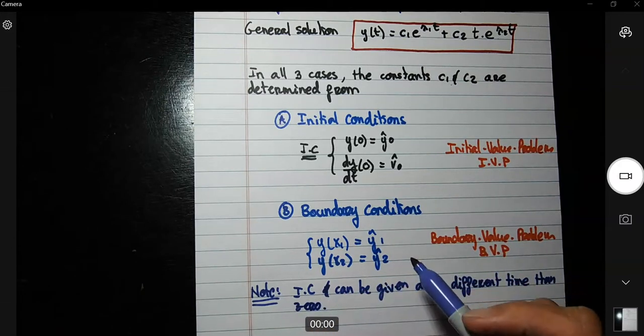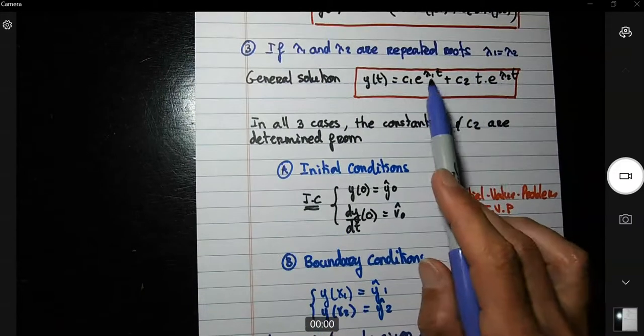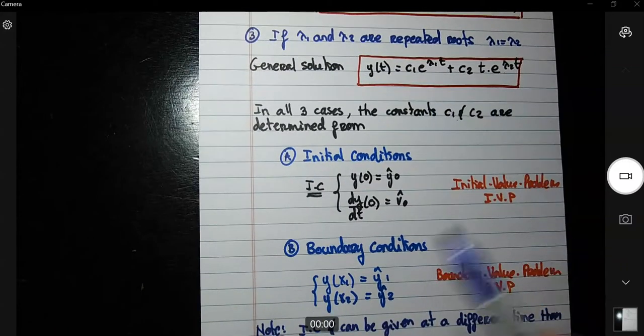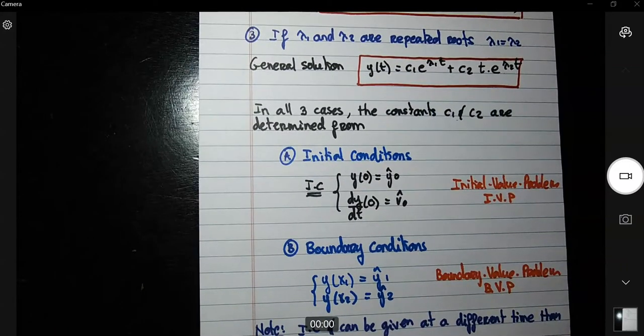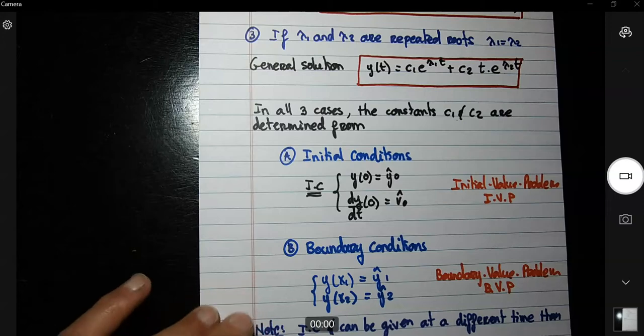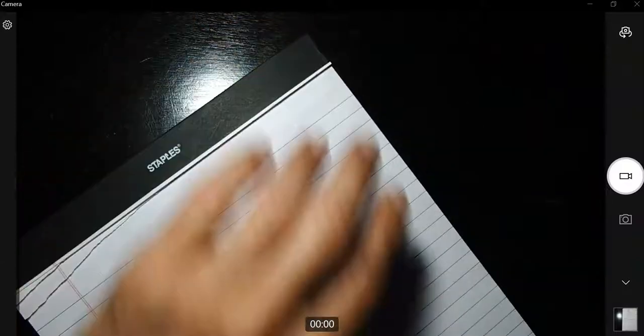But it's always more convenient, because the exponential of 0 is 1. Otherwise, you need to do a little bit more algebra. Okay, so let's go to the next page, page 154.